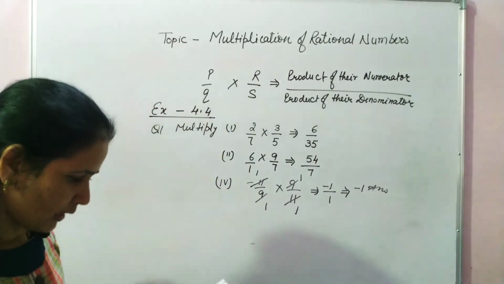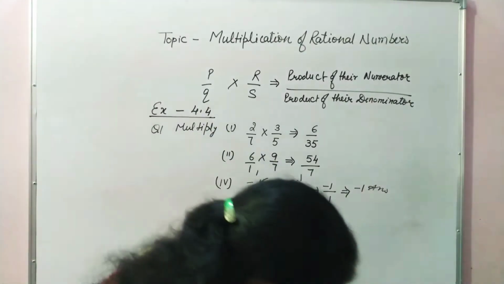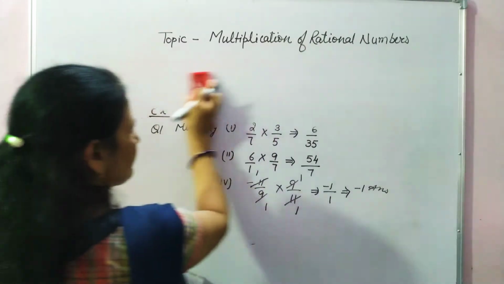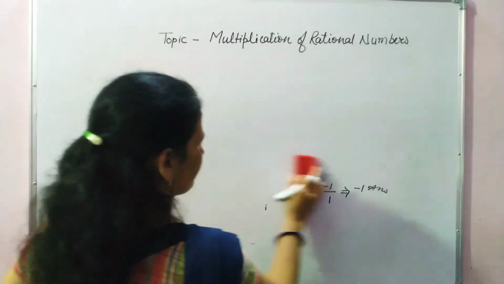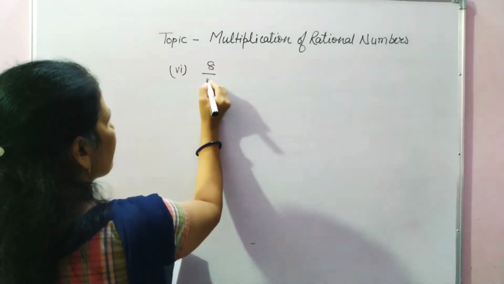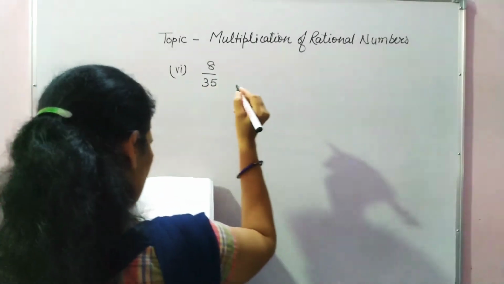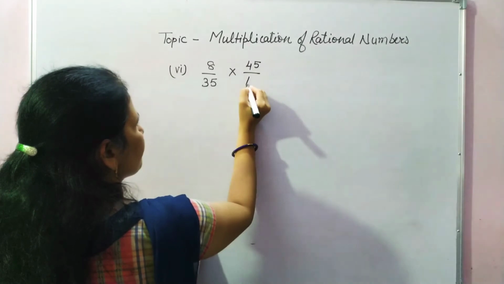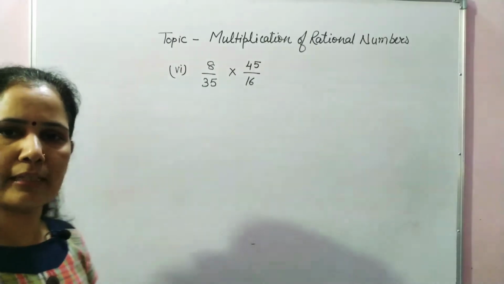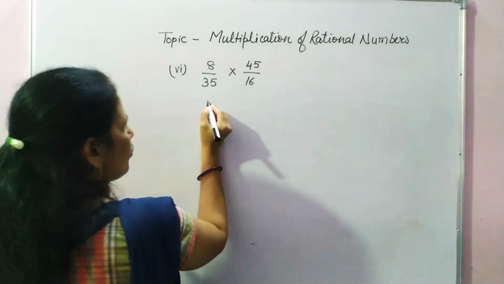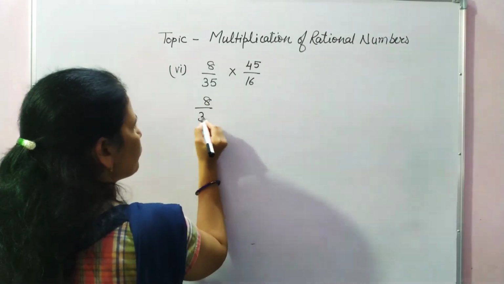Okay students, now let's take one more part, the sixth part of this question. In the sixth part they have given 8 by 35 multiply 45 by 16. I am going to write it again because we have to cancel here.